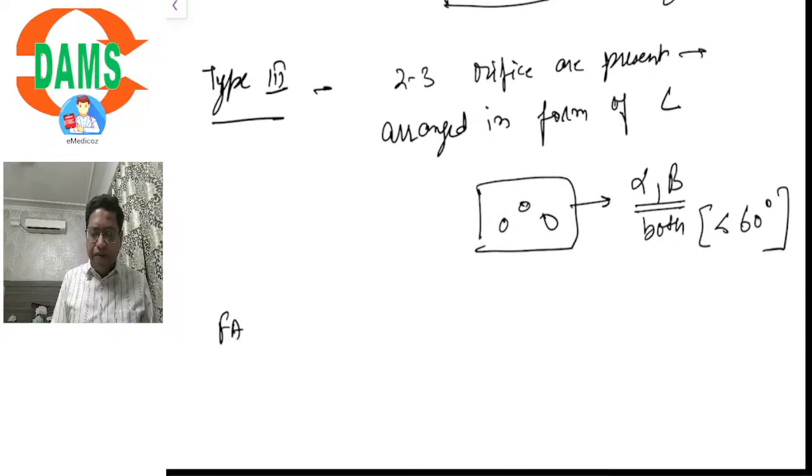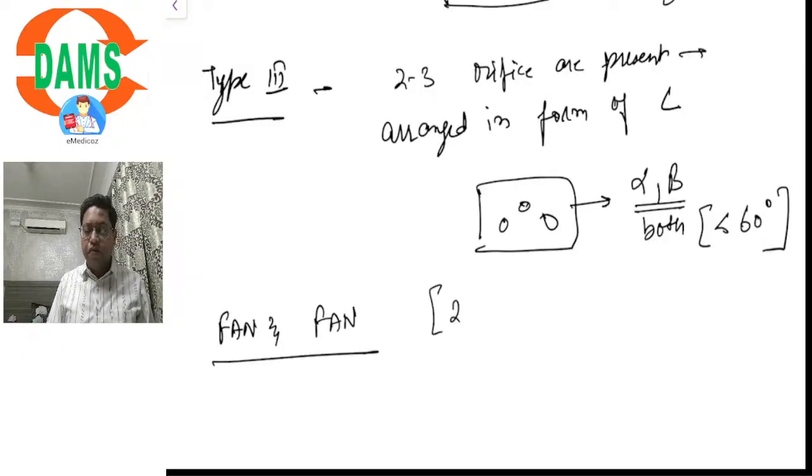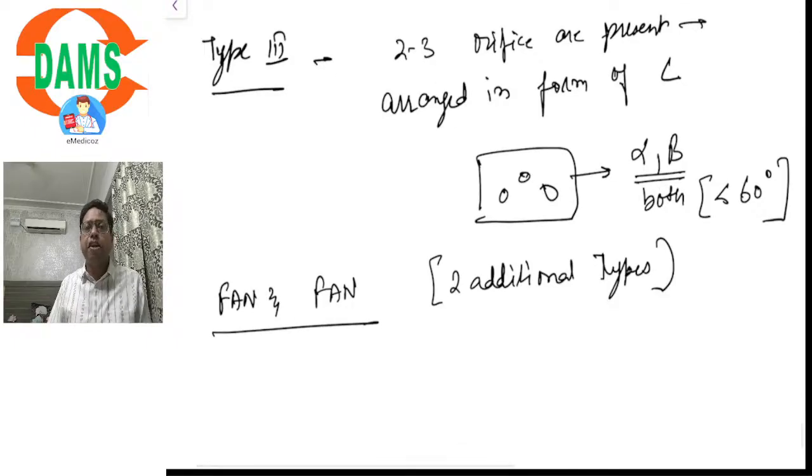Fan and Fanned gave 2 additional types. I'm talking about the classification of C-shaped root canals, which are most common in mandibular second molars. Two additional types were given.